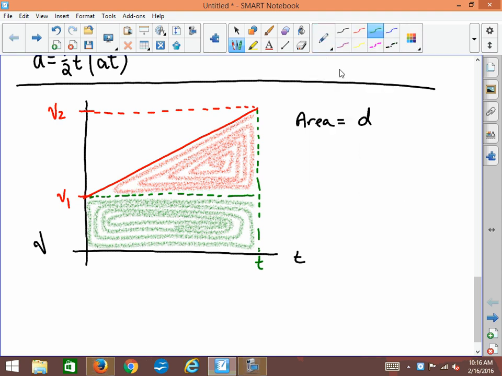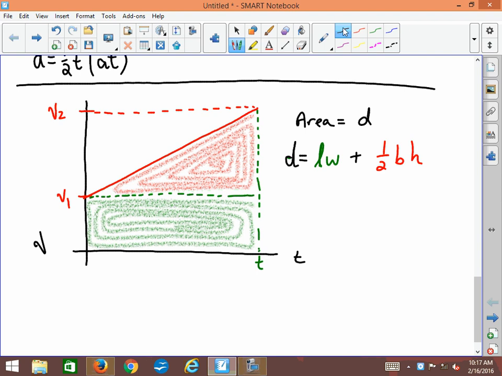I'm going to say that the displacement, which is the area, and I'm going to do this in black, the displacement is equal to the green area, length times width, plus the red area, which is 1/2 base times height.